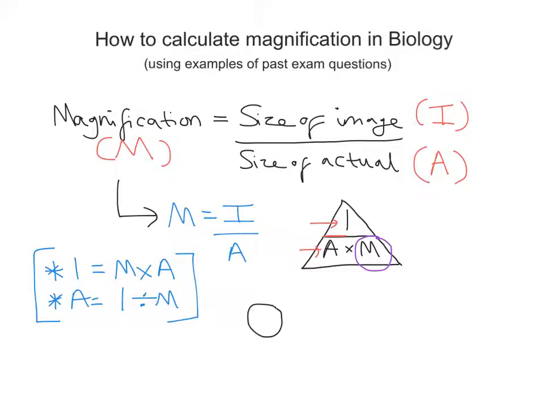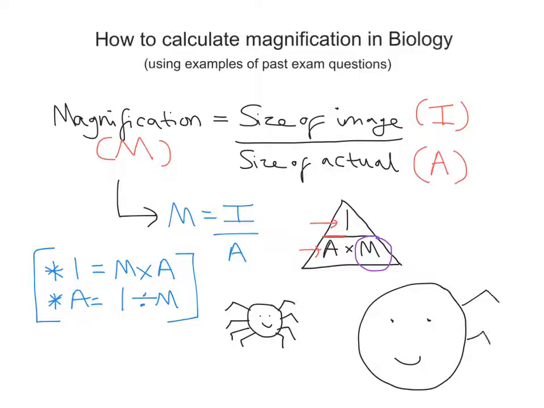If I just were to give a particular example, just a random example, let's say for example we have a spider here, not too good, and let's say that is the real size of the spider. Let's say there's the actual spider, and I'm now going to draw this spider supersize, so a lot bigger.